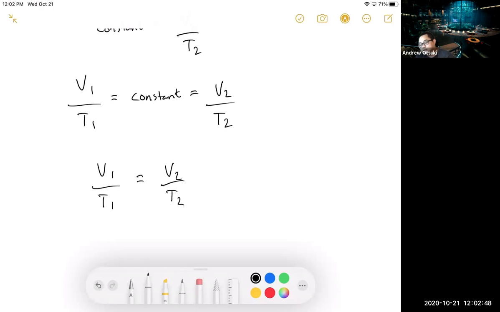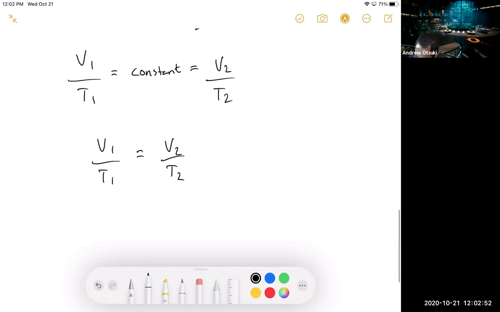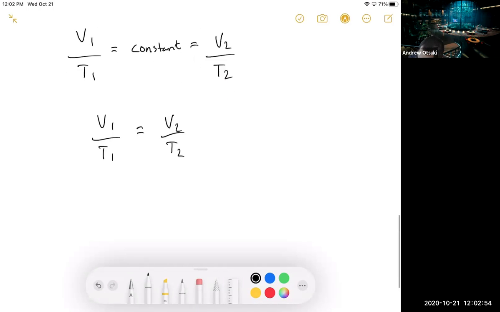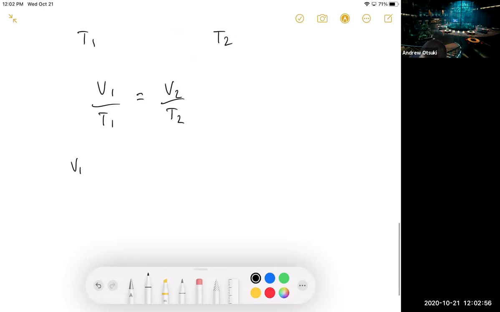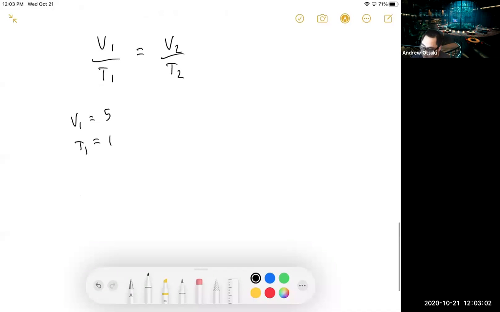So say I have a value for V1, say V1 equals 5 and T1, I don't know, equals 1. Now if we plug this in, we have 5 over 1 equals V2 over T2.